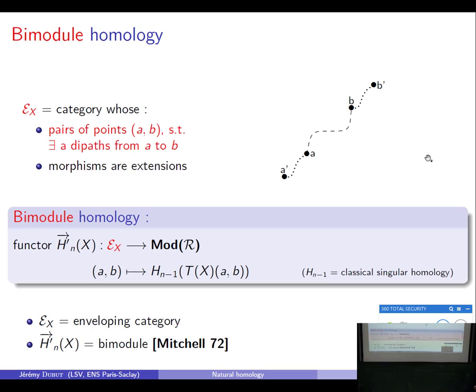I will call it bimodule homology because a functor from an enveloping category to a category of modules is called a bimodule in the literature. Okay, so I have two theories a priori of homology, the bimodule homology and the natural homology, but I will show you a bit later that they are somehow equivalent.